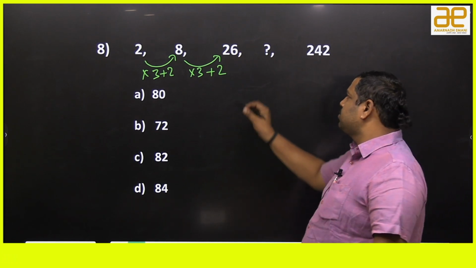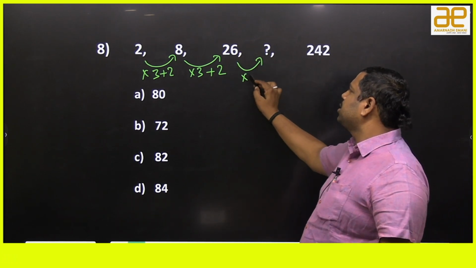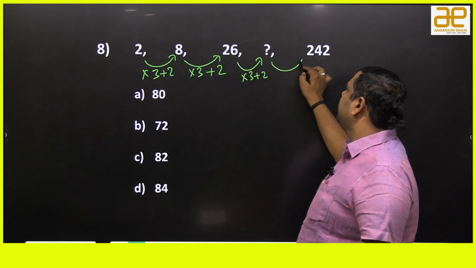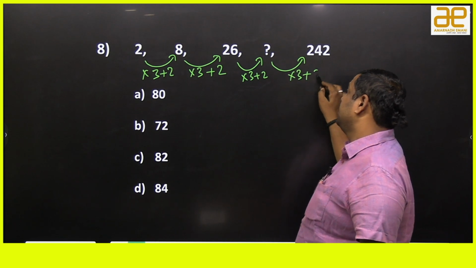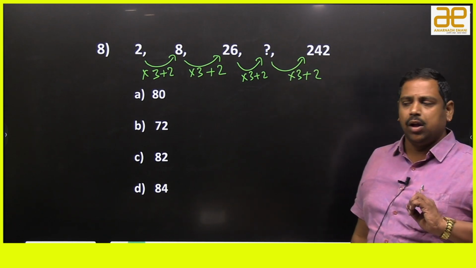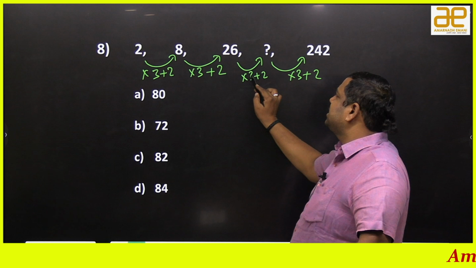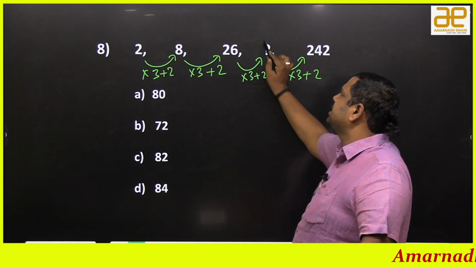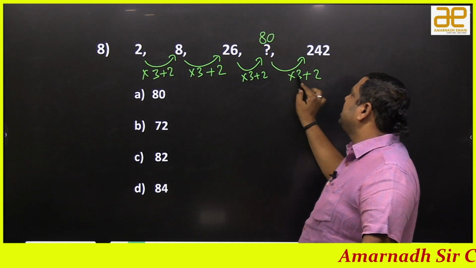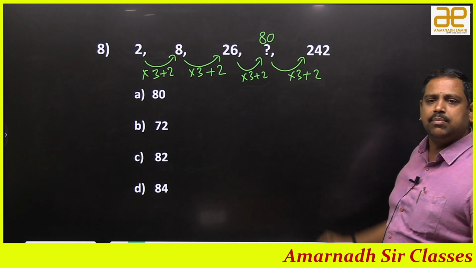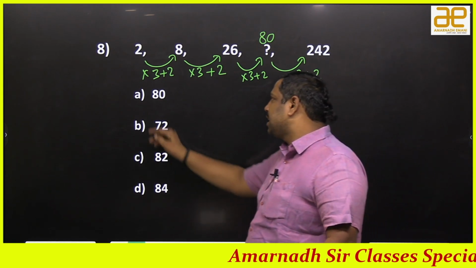Okay, so go with the next one. The same I will try, into 3 plus 2. I am not sure this is the logic or not. I am trying. If I try now, 26 3s are 78 plus 2 is how much? 80. 80 3s are 240 plus 2 is 242, matched. So my answer 80 is correct.